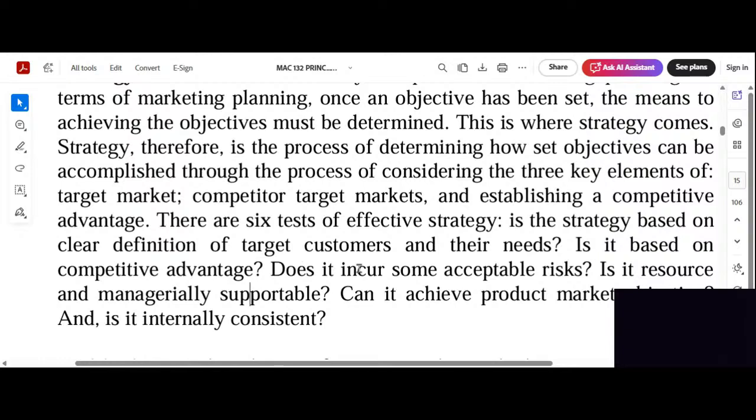So I was expecting someone to ask, sir, what's the meaning of competitive advantage? We've mentioned it before too when we were talking about the meaning of marketing. So now under strategy, we are still mentioning it: for your strategy to be a good or effective one, it must be based on competitive advantage.